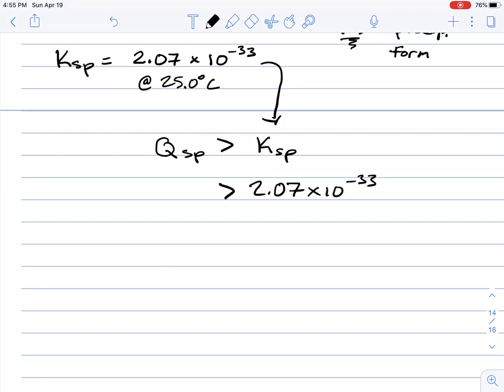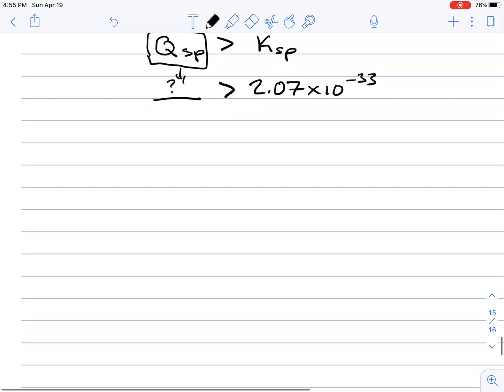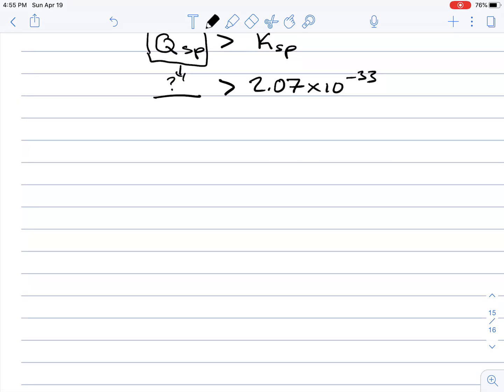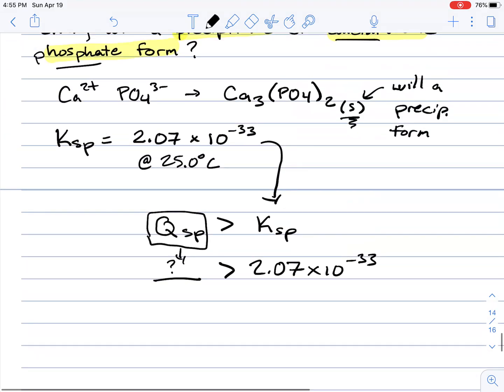Okay. So remember, your K values are unitless. And so to figure out your Qsp, we need to determine the ion product. So this is our precipitate, right?